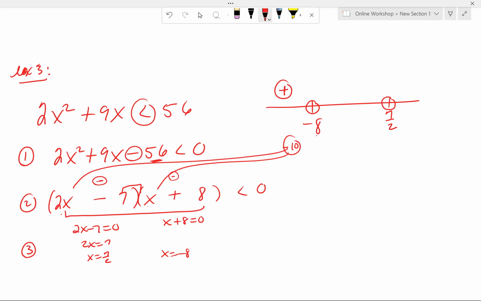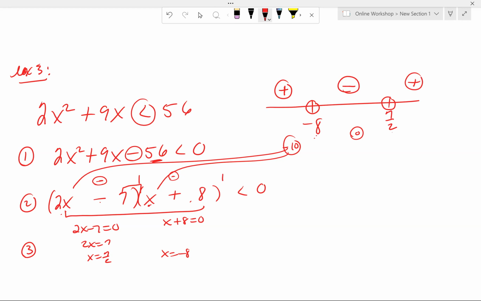A 0 is a nice number between a negative and a positive. 0 into here produces a -7. 0 in here for x produces a +8. Negative times a positive is a negative. And notice how they alternate signs again, because these factors are of odd multiplicity.